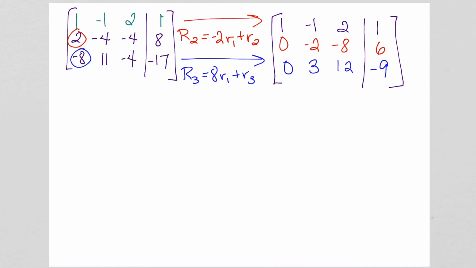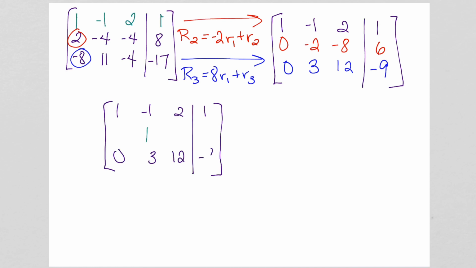Okay? Next step. Get this spot to be 1. So row 1 is going to stay the same, and row 3 is going to stay the same for now.